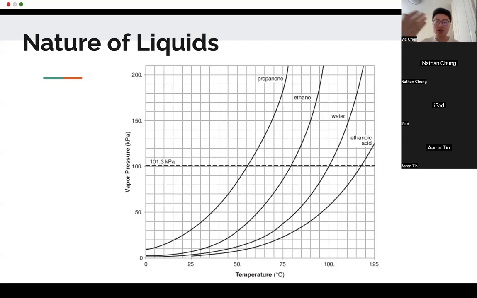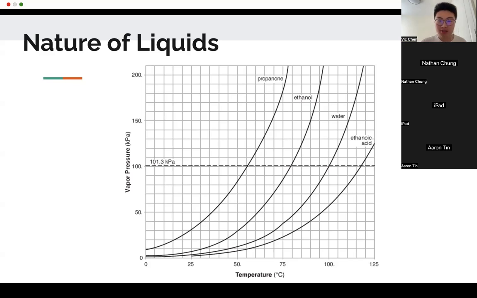Now, this diagram, I'm sure you recognize, is from the chemistry Regents reference table. And from there, you can see propanone, ethanol, water, and ethanoic acid. Now, if we look at 100 degrees Celsius at standard pressure, that is where the boiling point of water is commonly. Now, let's compare water with, say, propanone.